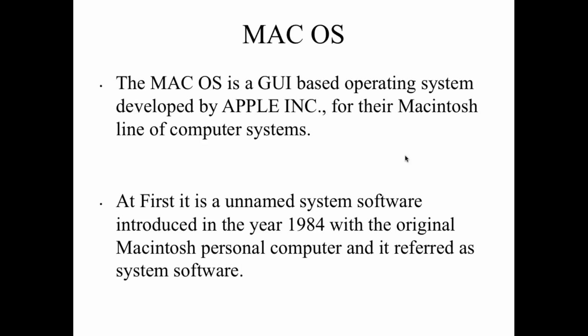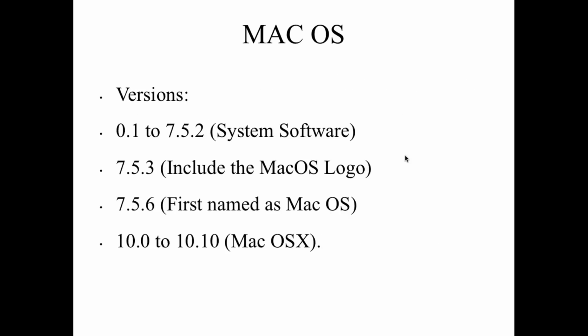In 1984 there was no name for this Mac OS; they called it system software, up to 7.5.5. From 7.5.6 onwards, they called it Mac OS, Macintosh operating system.